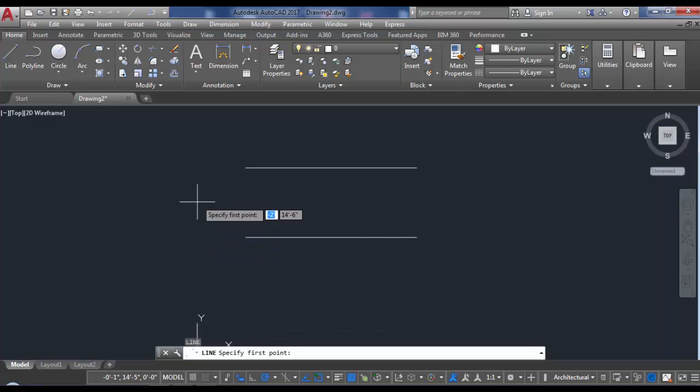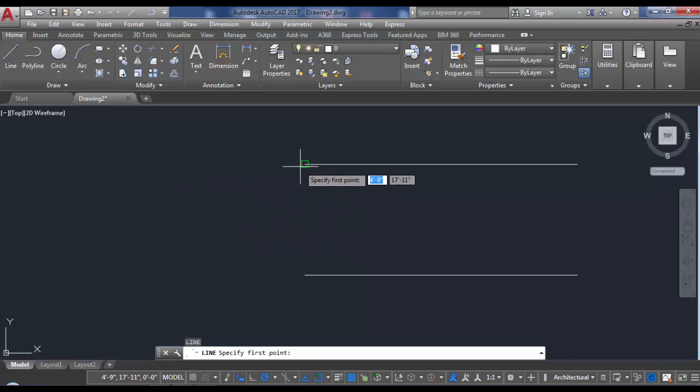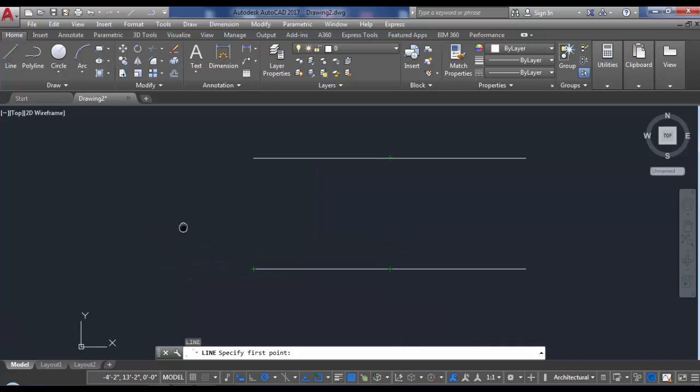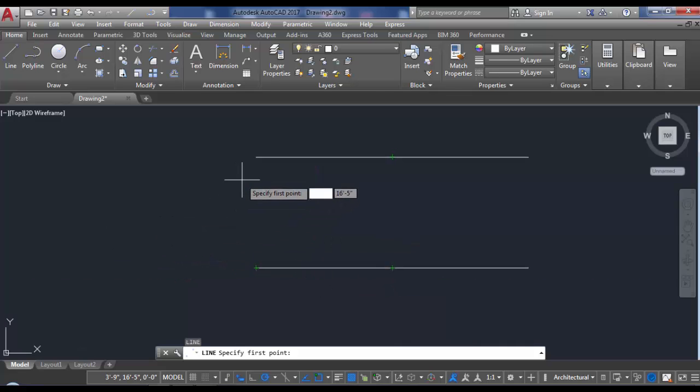If you want to join this corner and this corner, you see a green box coming over here, and a green box over here. These are the end points of the line, and there are also mid points of the line. When I go near this line, this end point is catching my cursor, and this is called snapping. We have to keep this O snap on.